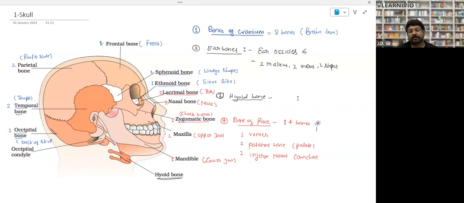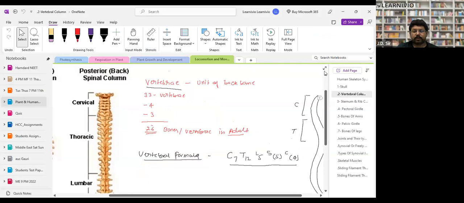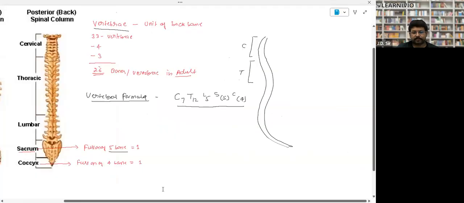How many bones are there in the lumbar part of vertebrae? 5 is the answer. So this brainstorming was to make you understand what kind of questions I've been asked.